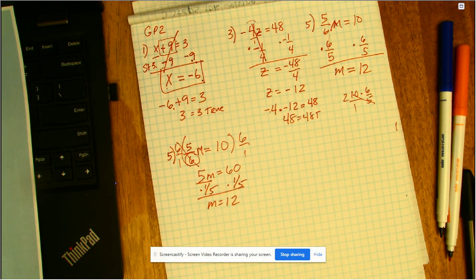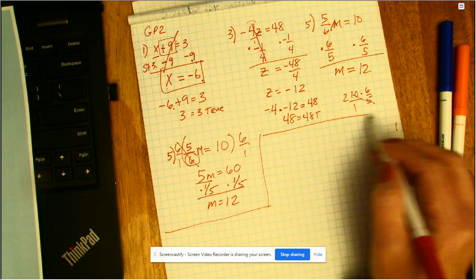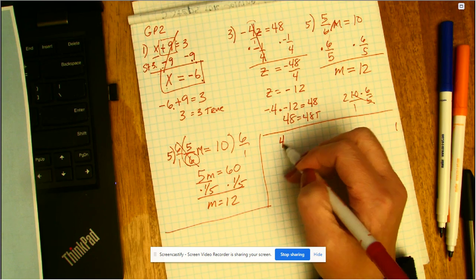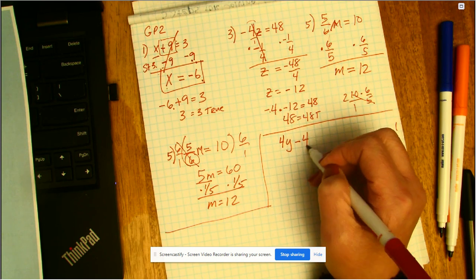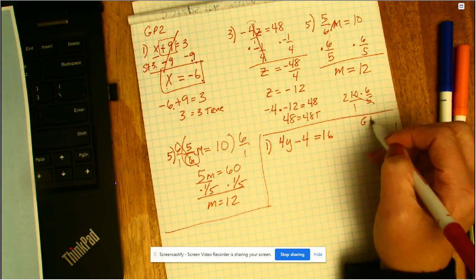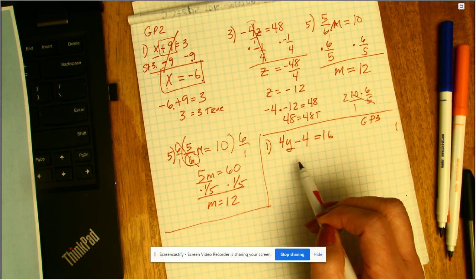Okay, two-step equations basically are the same thing. They just, instead of taking one step to solve, they take two. So if we have 4y minus 4 equals 16, this is number one on GP3. I ultimately want to solve for y.